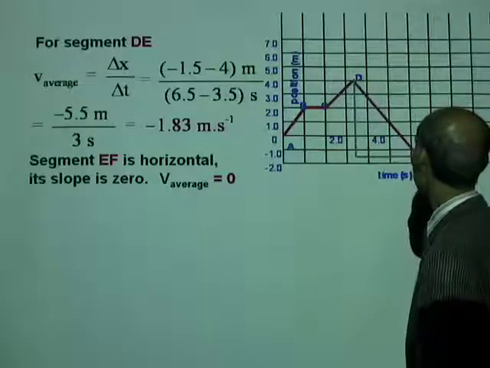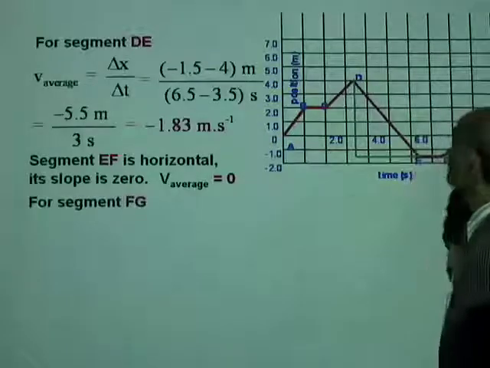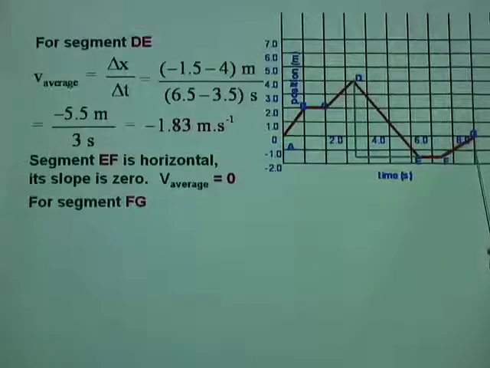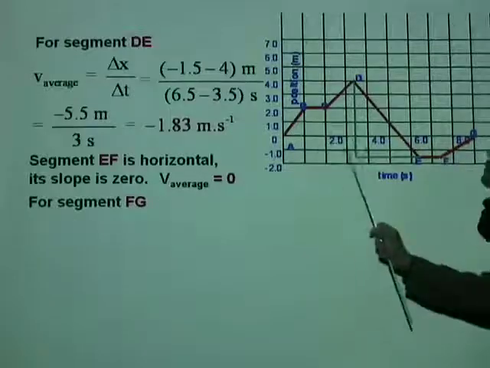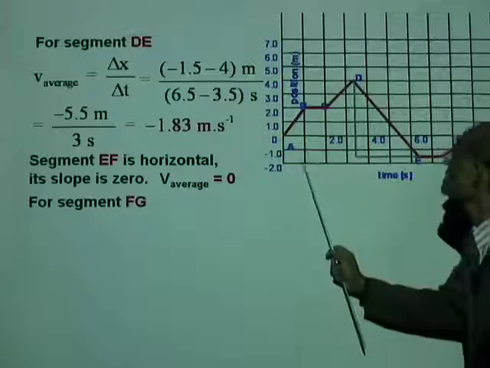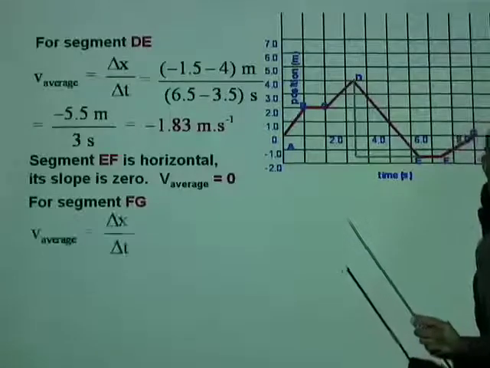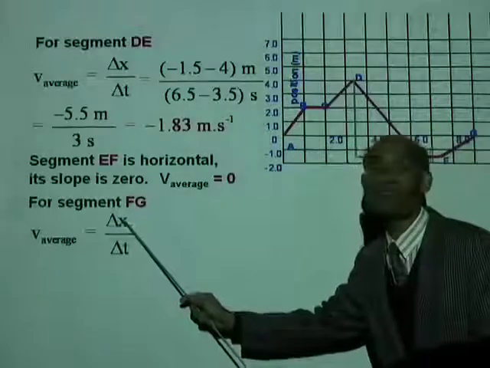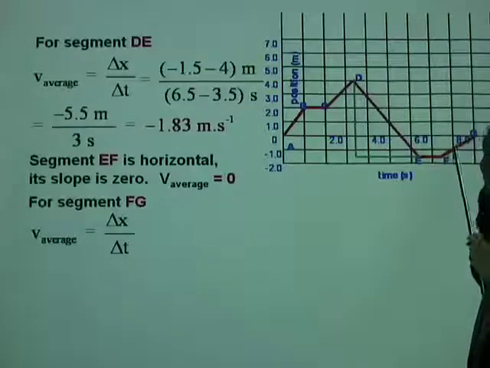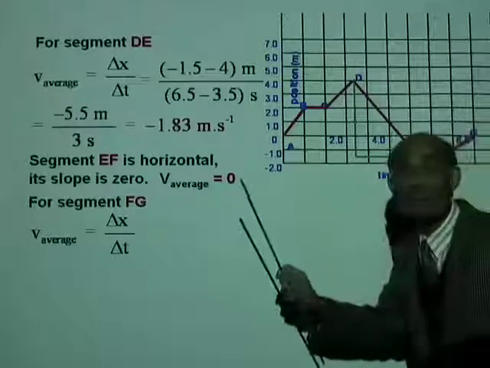Alright, how about FG? For the segment FG, can you tell me what is the change in position? The final position is 0. The initial position is negative 1.5. Therefore, what is delta x? It will be 0 minus negative 1.5.